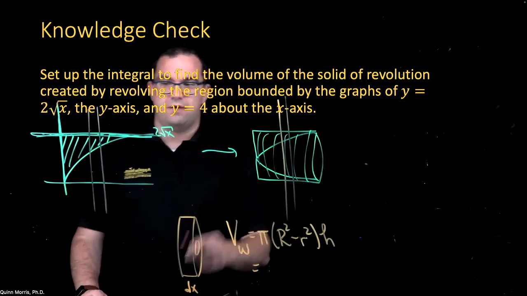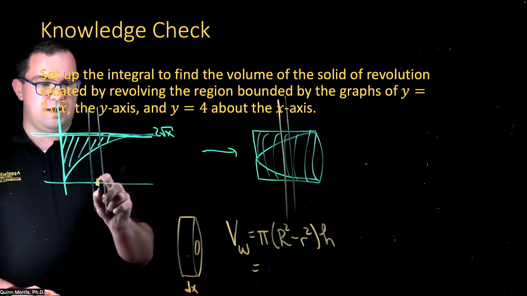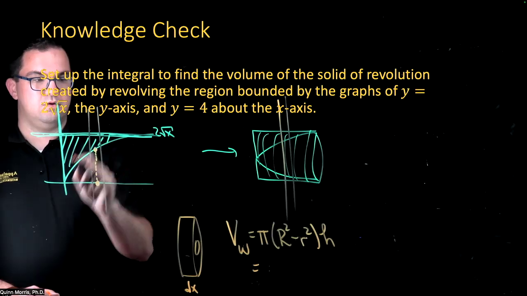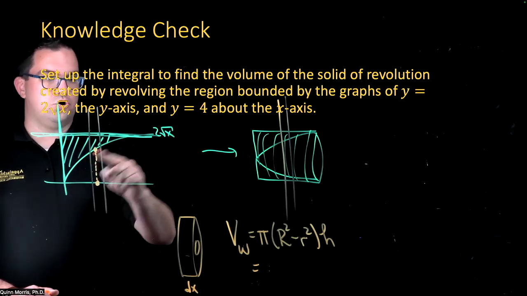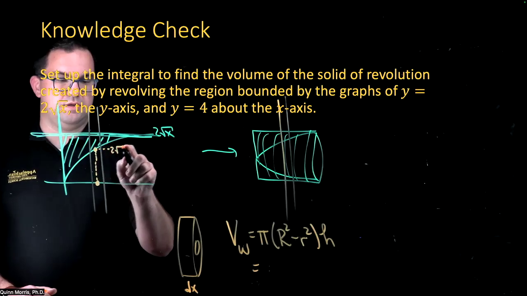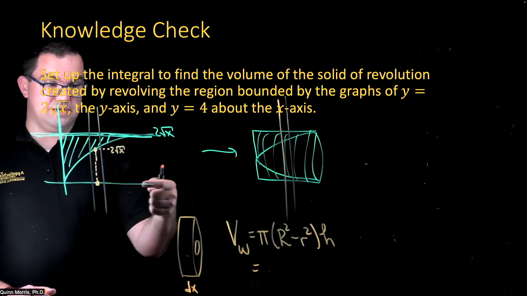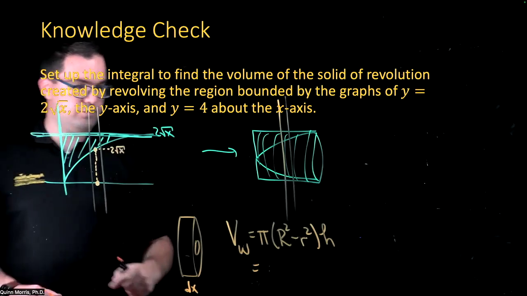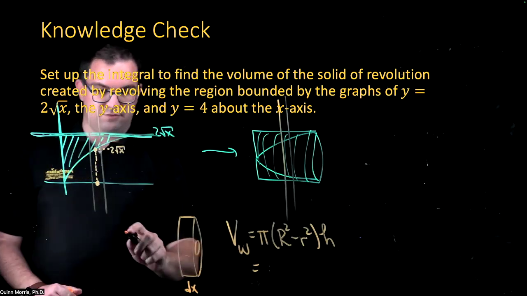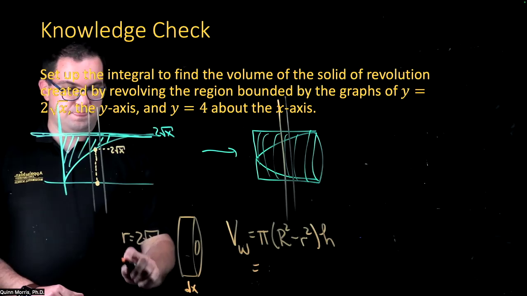Now I need my radii. My axis of rotation is here. My inside radius will be this height. This is the curve, 2 square root of x, so the distance from here to y equals 0 is just 2 square root x. So my inside radius will be 2 square root of x.